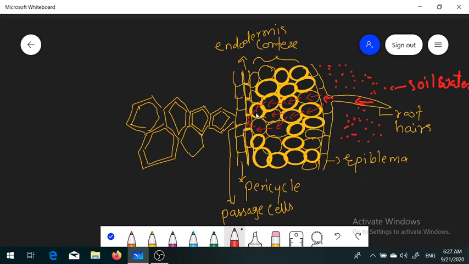high osmotic potential earlier, then as the water is absorbed they become turgid and they have low osmotic potential, low DPD. At the same time these adjacent pericycle cells have high DPD, high OP, osmotic pressure, so they take water from this. Okay, so water enters inside the pericycle. So these pericycle cells become turgid.